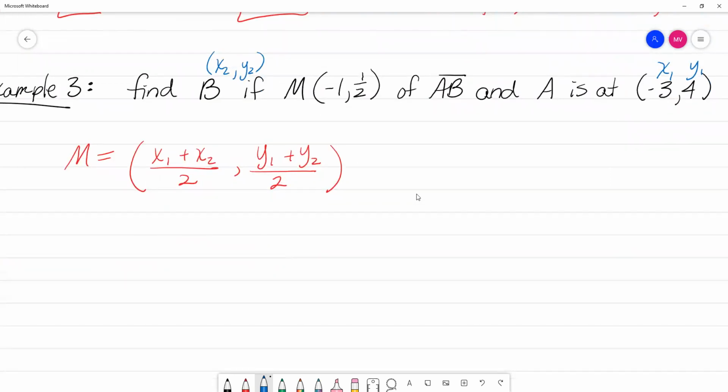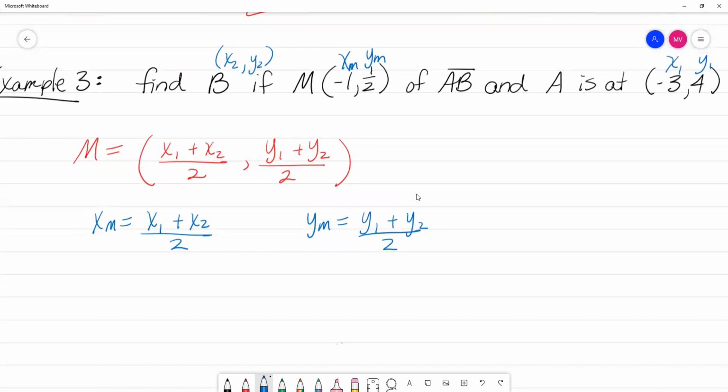So in order to make those work, you have the x at the midpoint equals x1 plus x2 divided by 2. And the y at the midpoint is equal to y1 plus y2 divided by 2. Okay, so we know the x coordinate at the midpoint is -1.